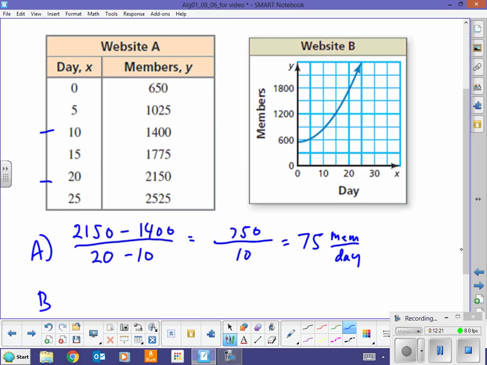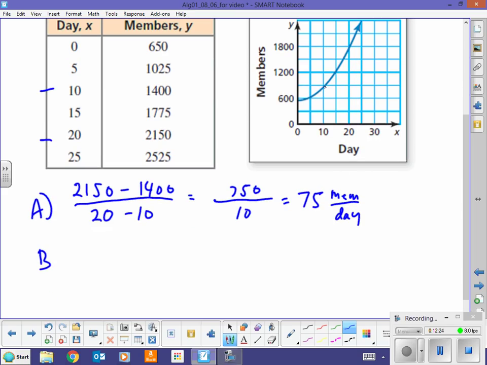Now for B, at day 10, looks like we're just a little below. What's that going to be? Like 850. And at day 20, they're at 1800.